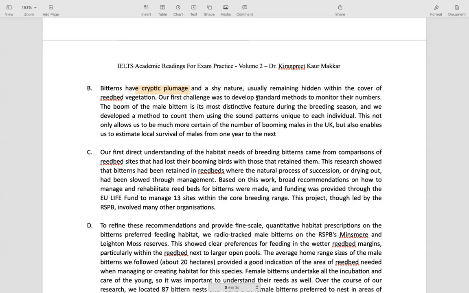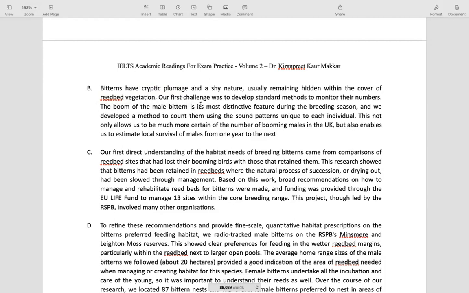Next. Usually remaining hidden within the cover of the reed bed vegetation. So what do they normally do? They remain hidden in the reed bed vegetation. Reed bed will be a type of what? Plant. Yes. So they normally remain hidden in this plant. Good. Next.